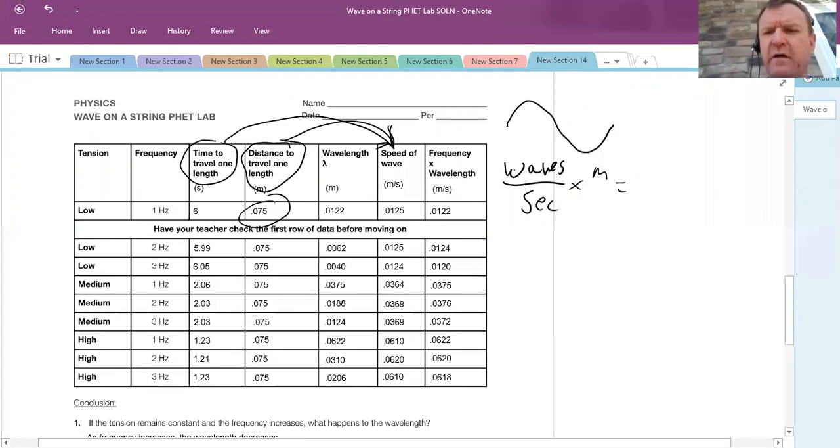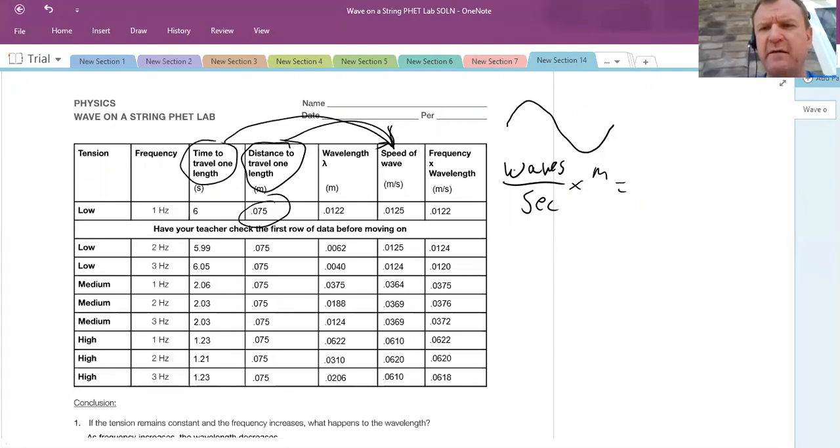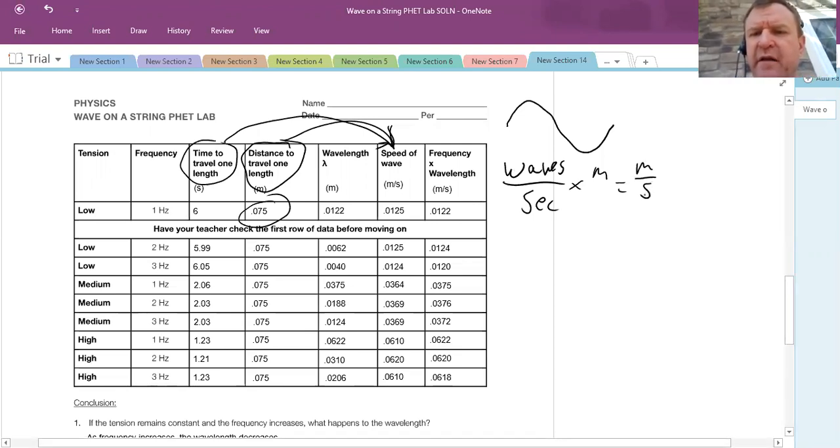So really we could say cycles per second or hertz, which is 1/seconds. Anyway, if you multiply these, you do get units of meters per second. So that's what I was looking for, the units there, meters per second. If you take frequency times wavelength, frequency is 1, wavelength, I measured about 0.0122, so I got 0.0122. So anyway, that's the process here.